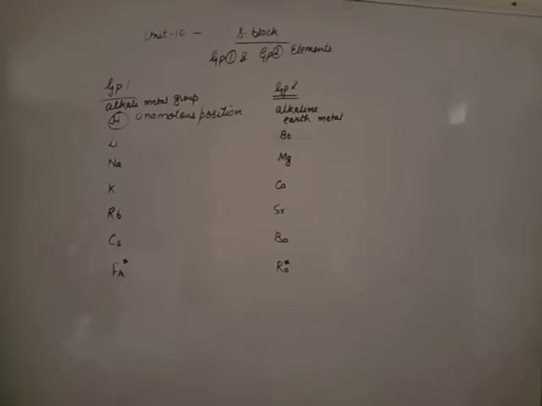Out of this, alkali metal group is group 1. If the same question is asked for alkaline earth metal group: group 2, group 3, group 13, group 14, the answer is group 2. Maybe a 1 mark question, maybe an optional question, maybe define why this group is known as alkali metal group, why this group is known as alkaline earth metal group.